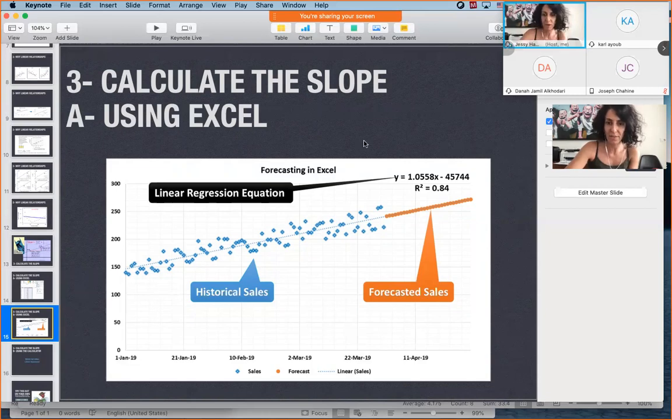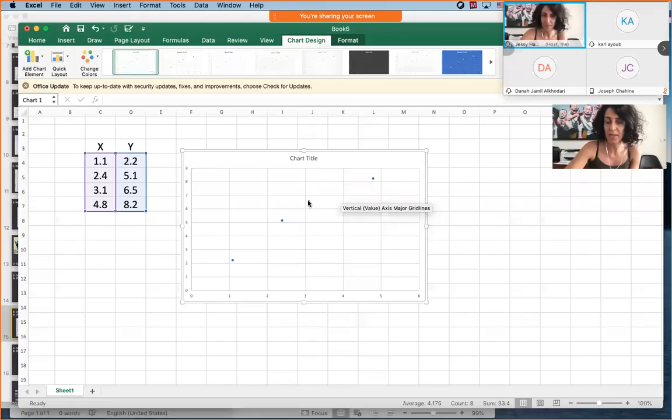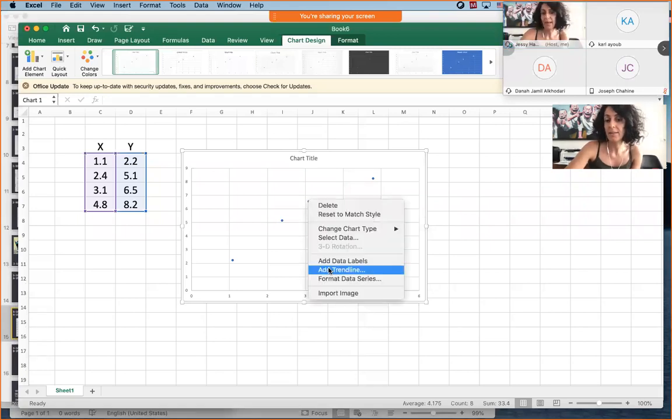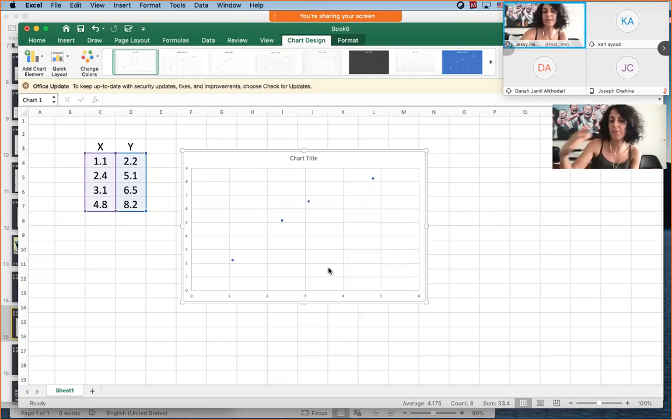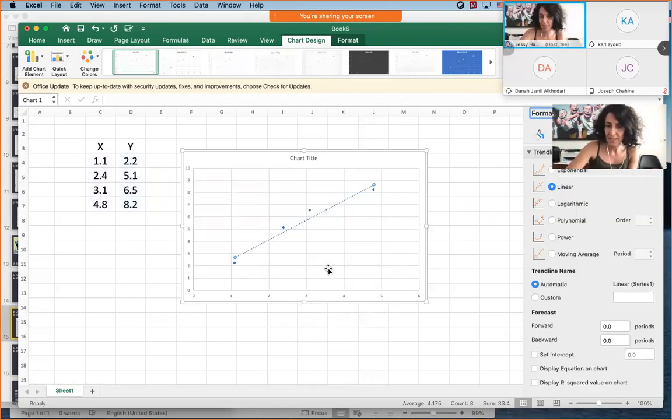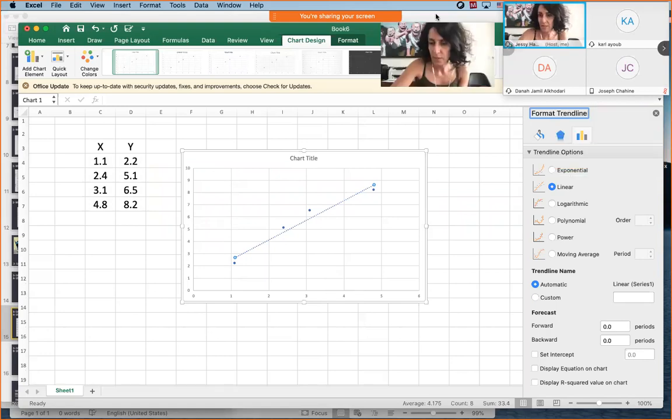We already have this. What you do is you right click, add trend line. Trend line is the average best fit line. You see the line? It's in between. It's not touching any of the points. Do you see this one? So it says linear, and then you pick display equation, and you pick display R squared value.